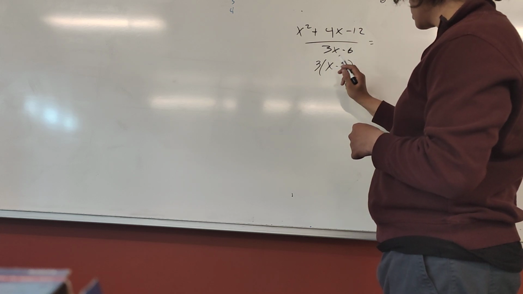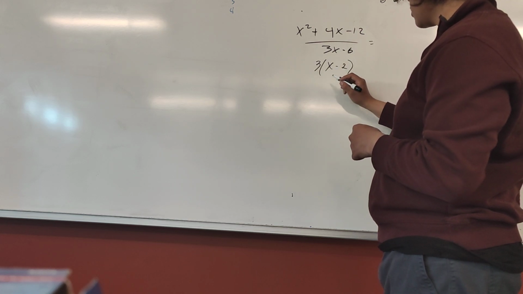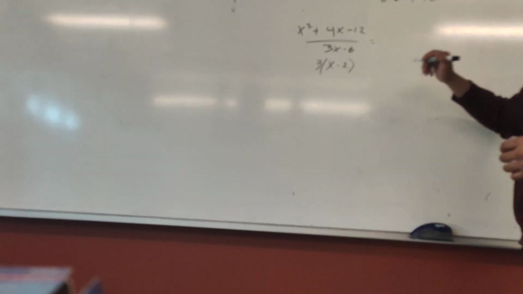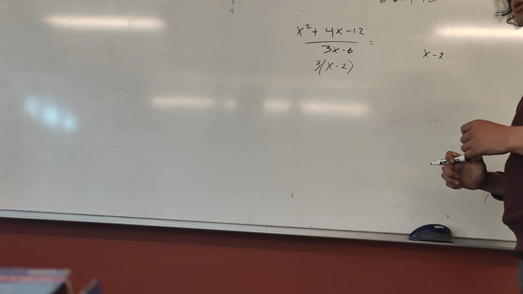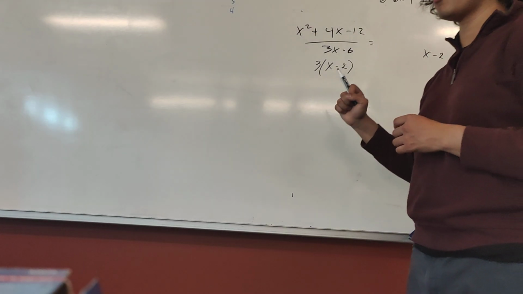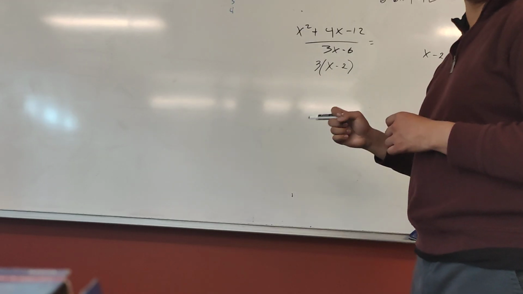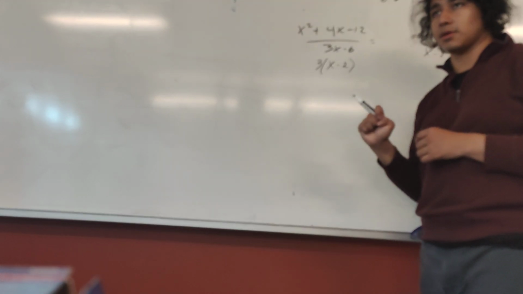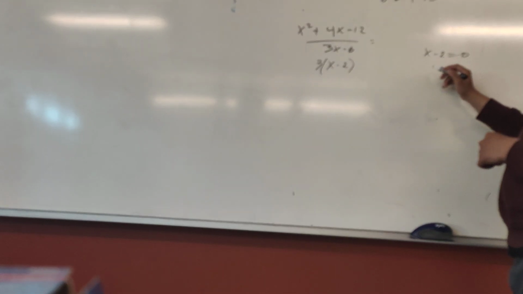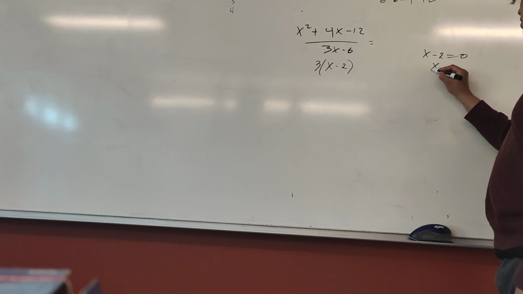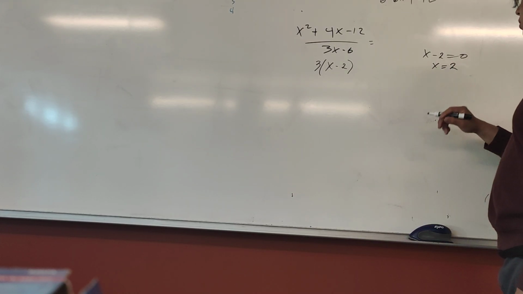And here, since we have x minus 2, we're going to use the zero product property. I'm pretty sure that's what it's called, or I'm just making things up. We make this equal to 0, and we just solve for the solution. x will equal 2.